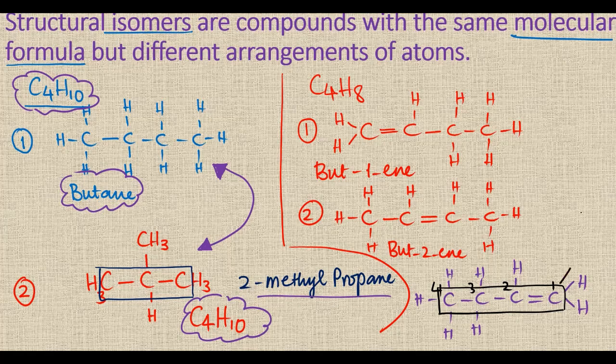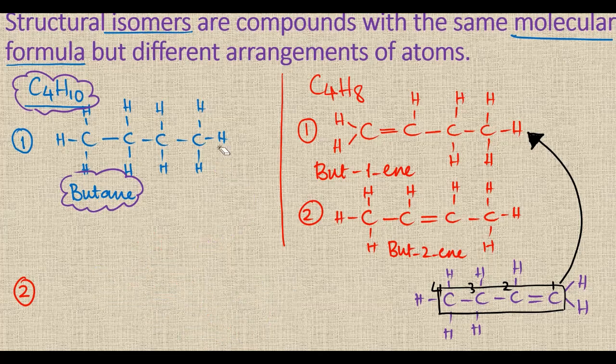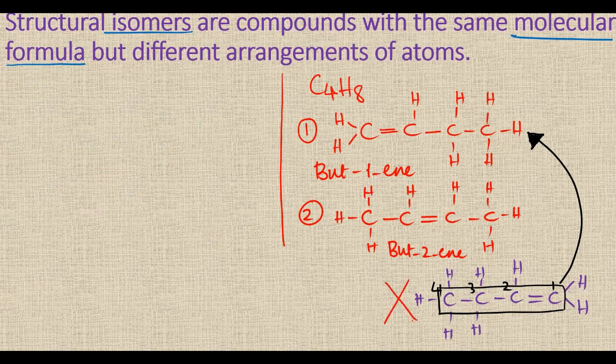So using that rule, this is still the same compound as what we have written at number 1, which is but-1-ene. So this could not be one of our isomers.